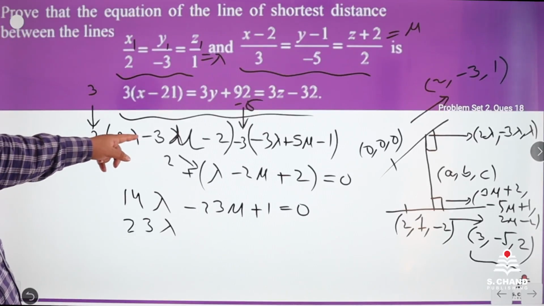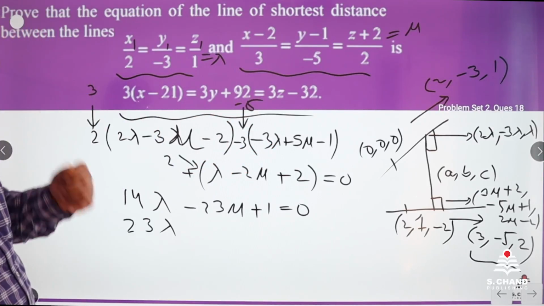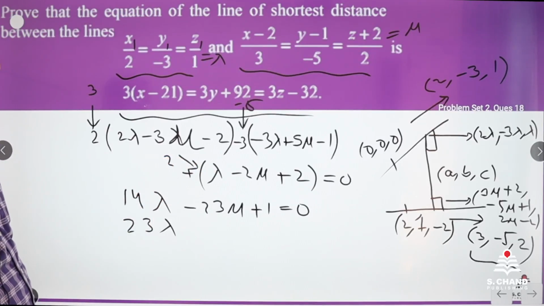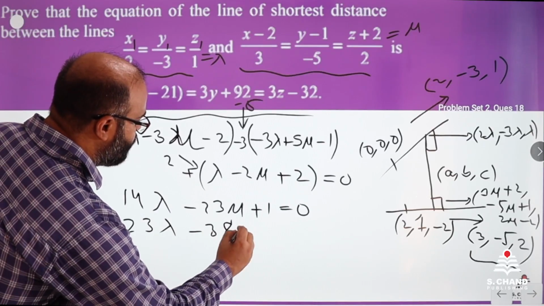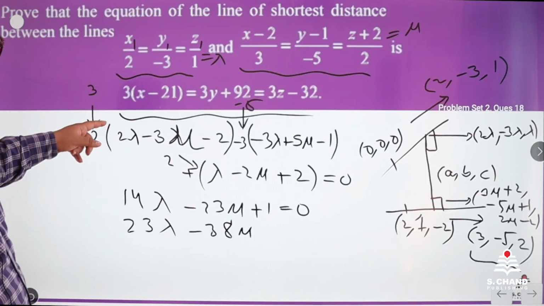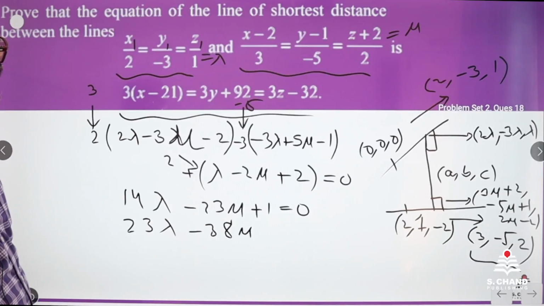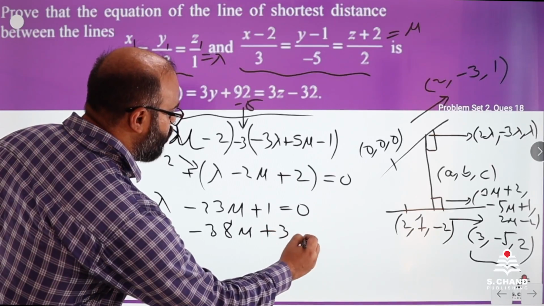And what about mu? We have minus 9 mu and minus 25 mu, so minus 34 mu, and minus 4 mu, so minus 38 mu. And what about the constant? Minus 6 and plus 5, that will be minus 1, plus 4, plus 3 is equal to 0.